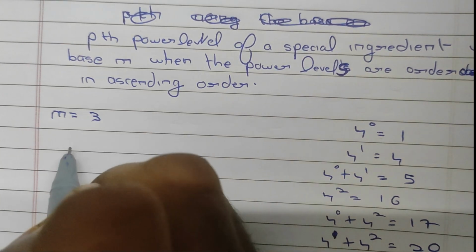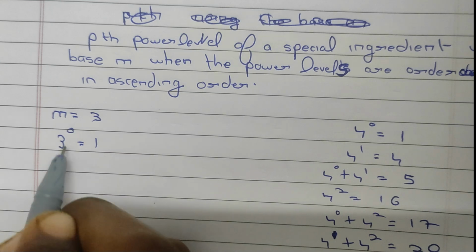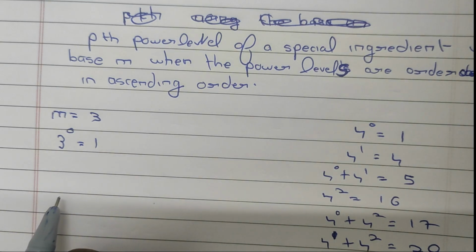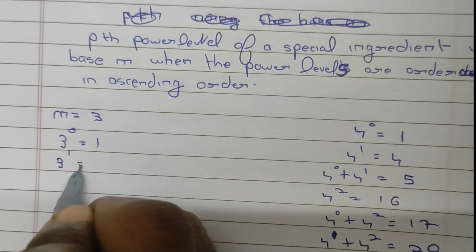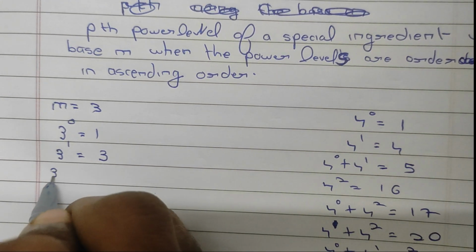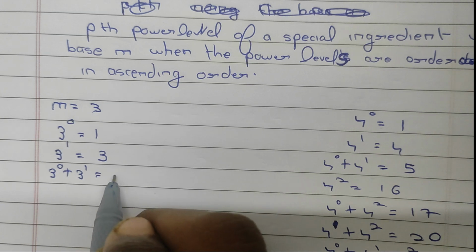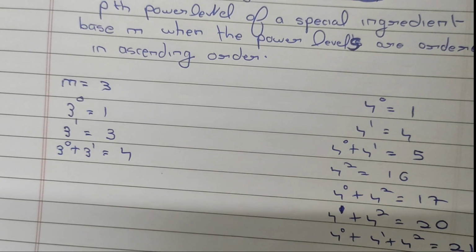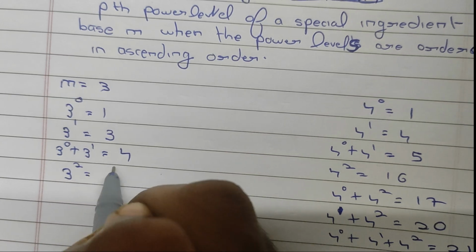The first power level will be equal to 3 raised to 0, because that will be the smallest power level that we can form using the base 3. The next smallest power level is 3 raised to 1, which is equal to 3. The next smallest is 3 raised to 0 plus 3 raised to 1, which is equal to 4. The next is 3 raised to 2, which is equal to 9.